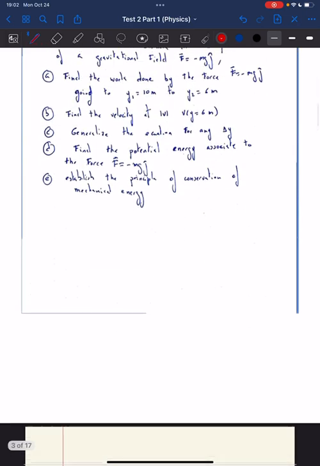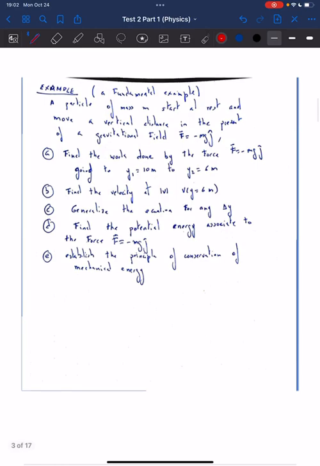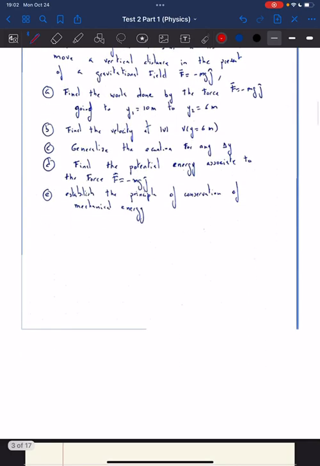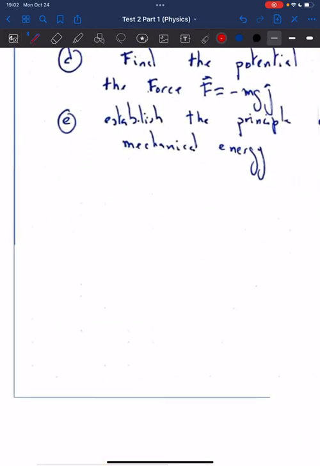So in this one, we're going to draw a diagram which represents the problem.